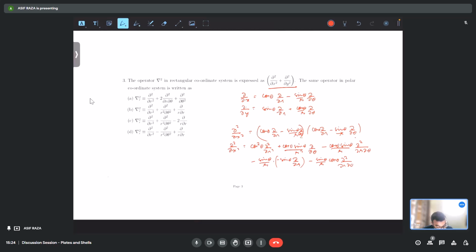Similarly the second term, so for theta it will give me plus sin cos, so this gives me sin theta cos theta by r ∂/∂θ, and sin squared theta by r squared ∂²/∂θ². Okay, this is equation 7.